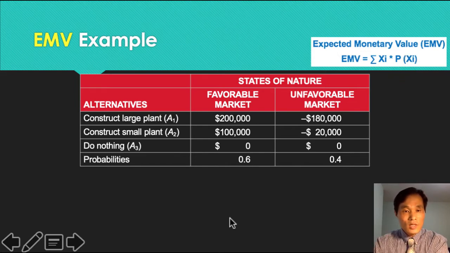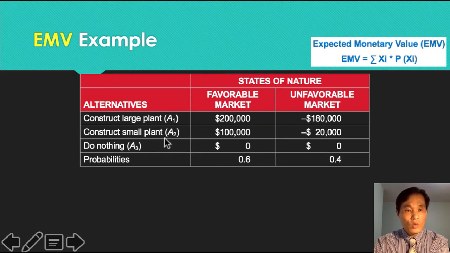So for example, say favorable market is 60%, unfavorable market is 40%, then expected monetary value will be 0.6 times 200,000 plus 0.4 times negative $180,000. That will be this expected monetary value for alternative A1, constructing large plant.